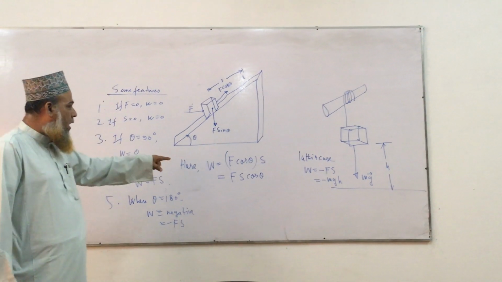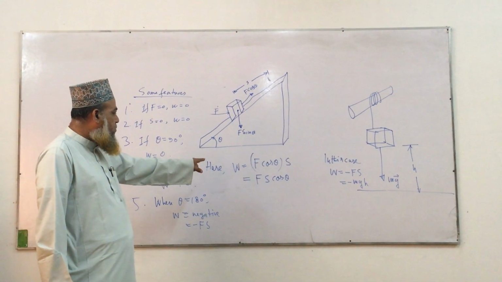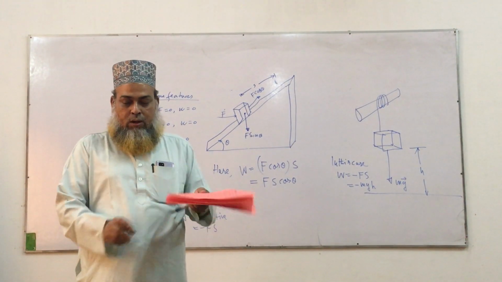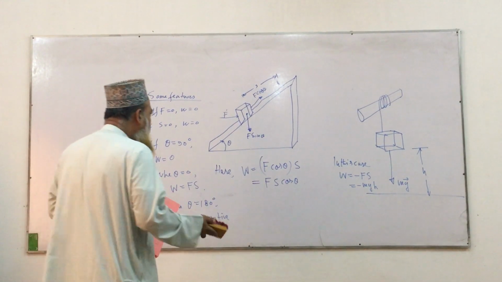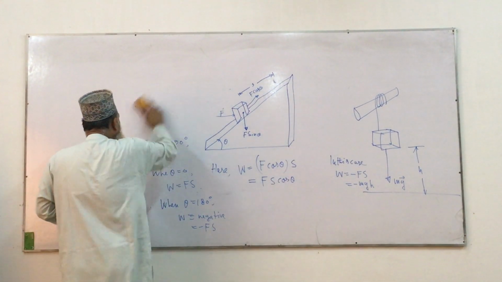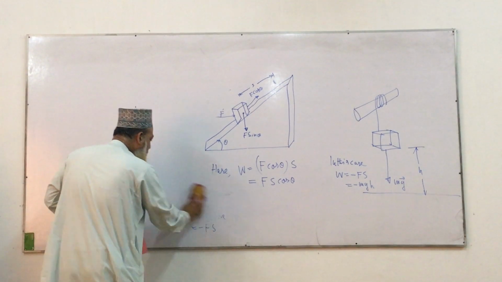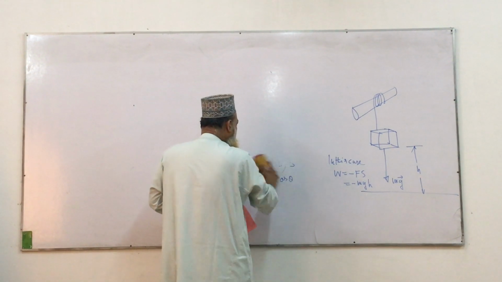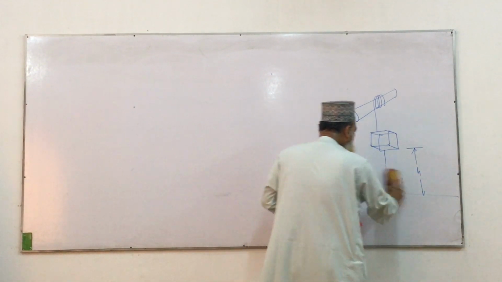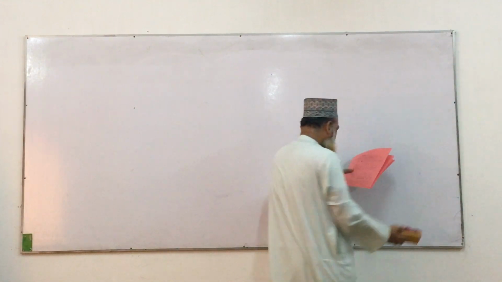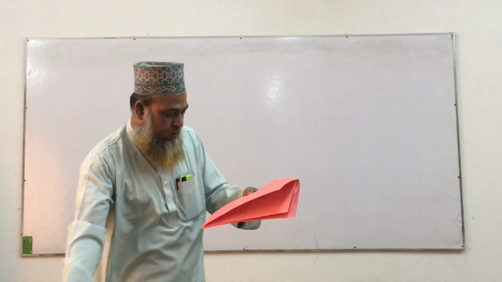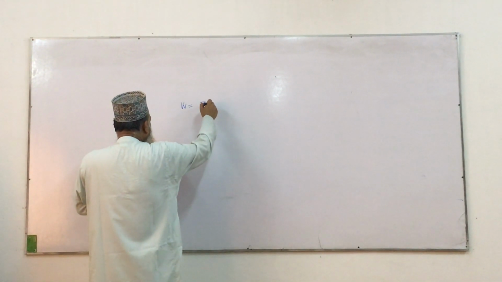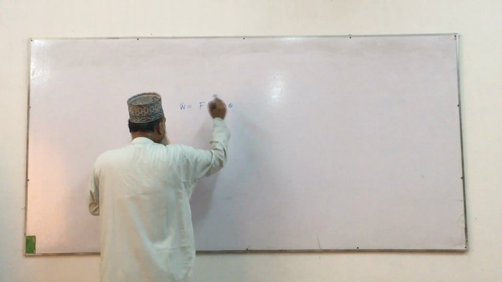So we have covered all the features of this formula, F S cos theta. Now, we remind you that you can always compute work in two ways. W equals F S cos theta.